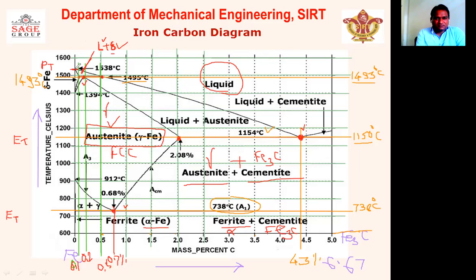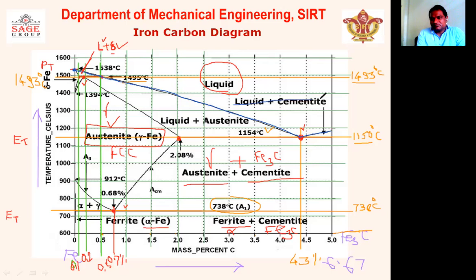It starts from this point, which is located at 1539 degrees Celsius. Now I am going to join this point to this point through a straight line, then extend this line like this, and meet it to the eutectic point. This is the eutectic point, and one line we have to draw like this, and the phase above is liquid.